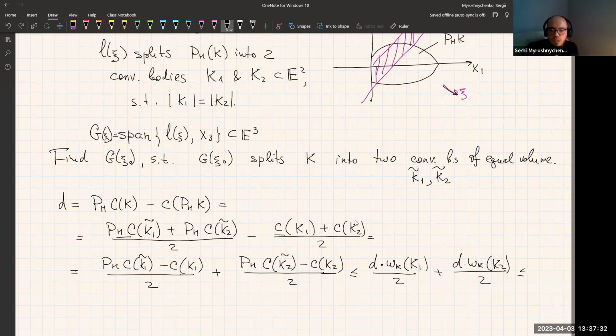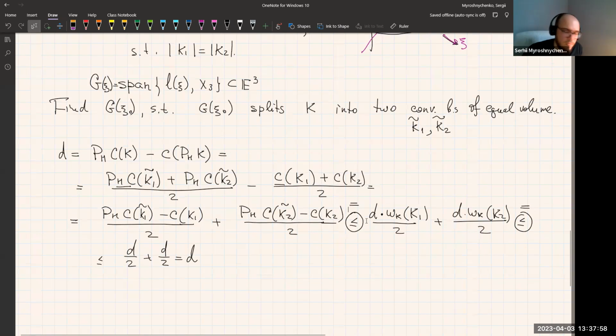I don't know exactly what happens to the width, but I do know that each of the widths cannot be greater than the original width. So this ends up being this. The conclusion is that all these inequalities end up being equalities, because we start with D and end up with D again.